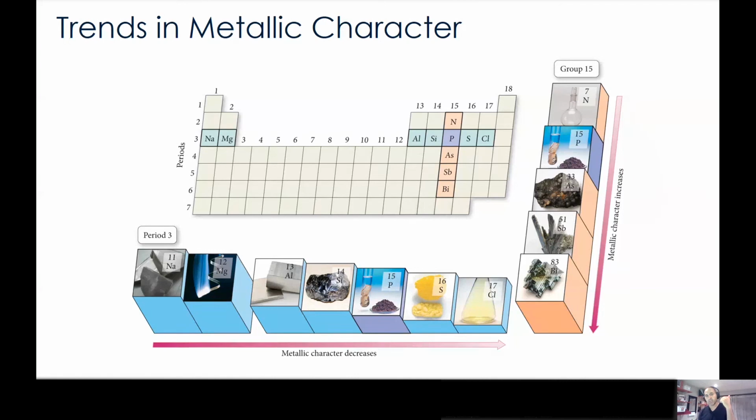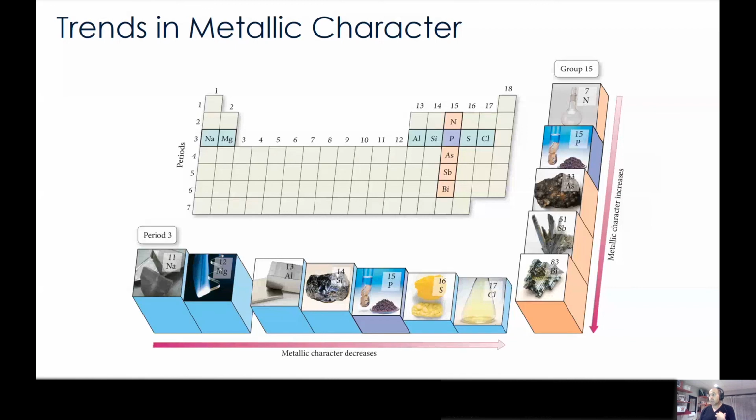So we have shininess or luster, conductivity of heat and electricity, and malleability and ductility. And those are the physical characteristics of metals.